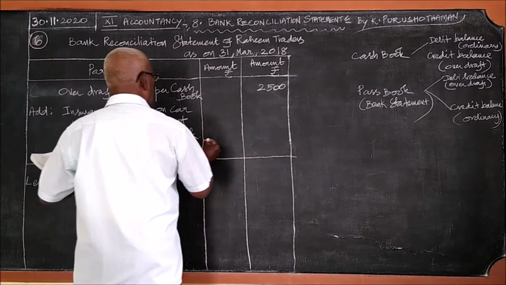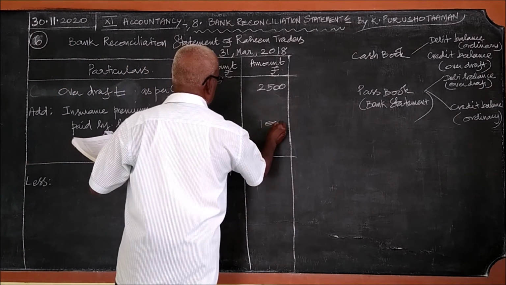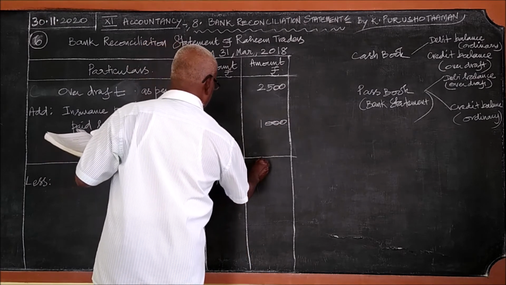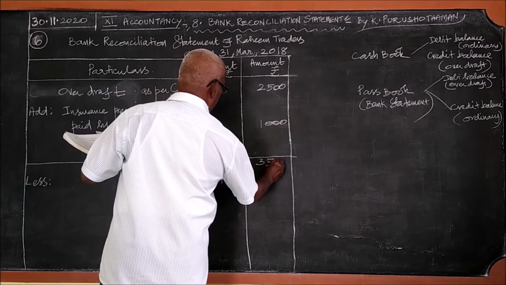This is the amount 1,000. The total will be 3,500.